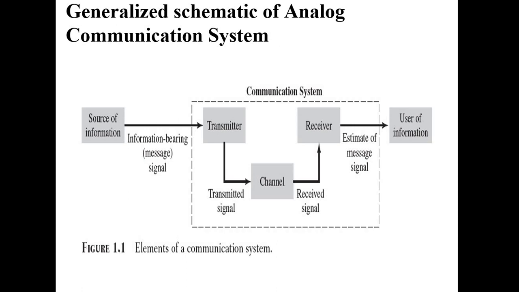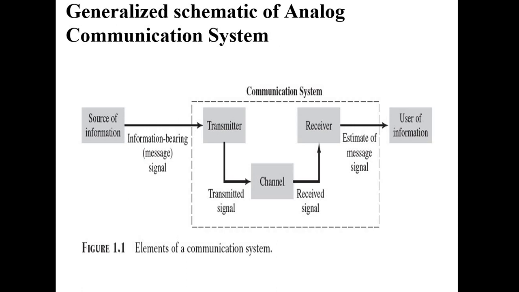So you can see the schematic of analog communication system, and there are different elements that take part in the communication system. So at one end, there is a source of information, and one user is transmitting the information from one end, and at other end there will be receiver.